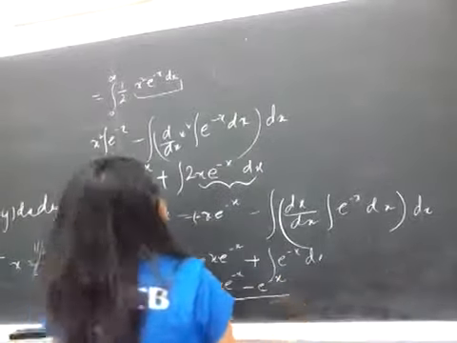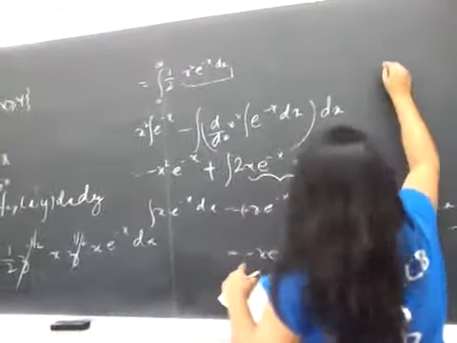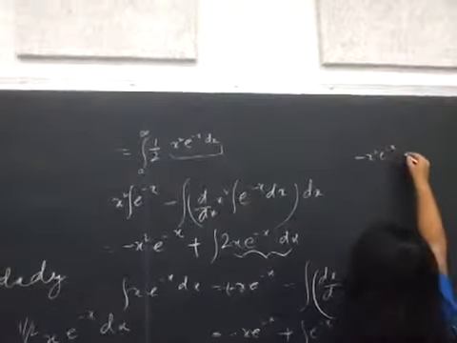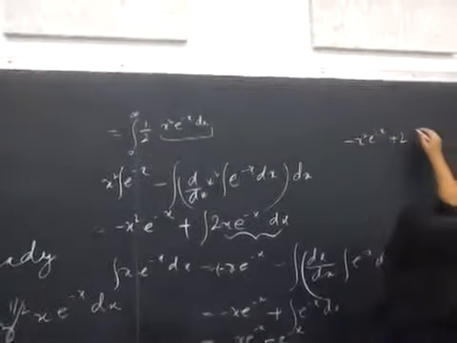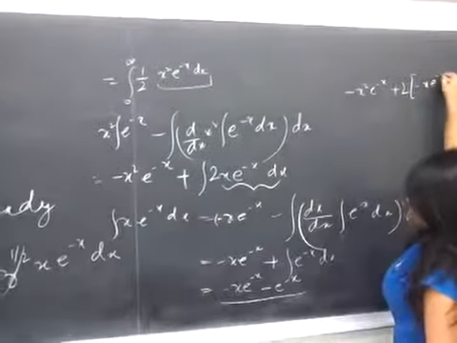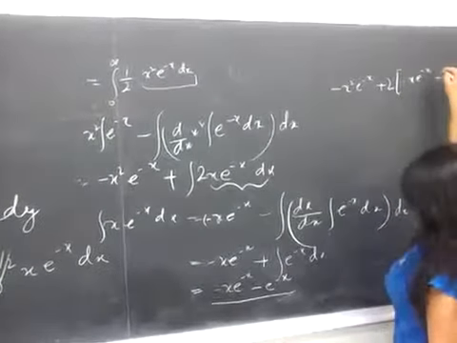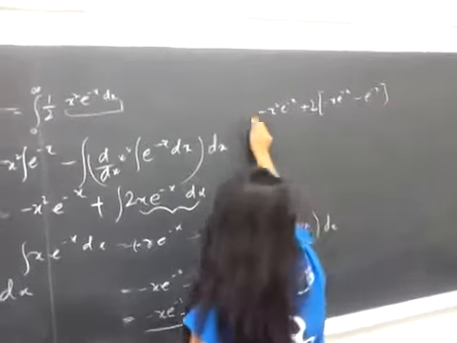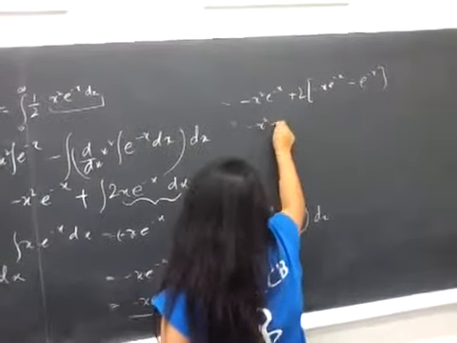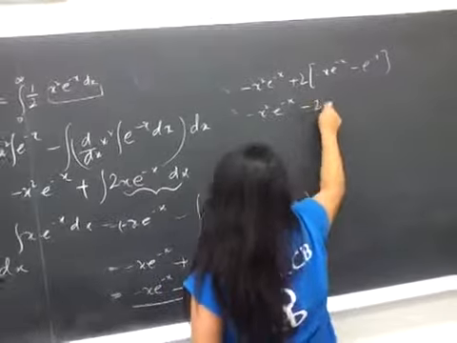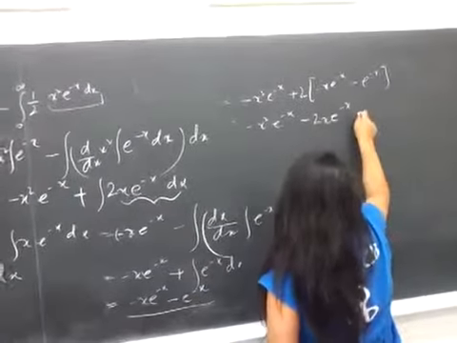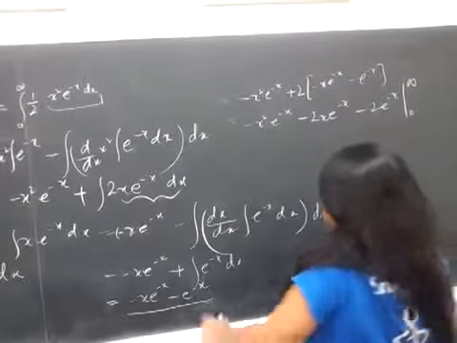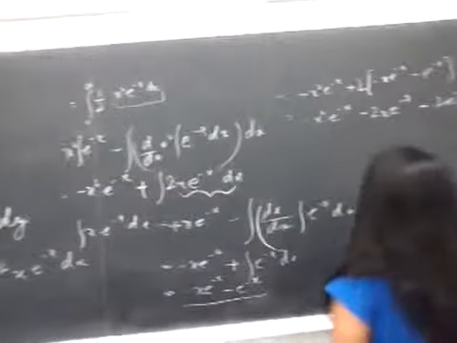I will replace this here, so I get minus x squared e raised to the power minus x plus 2 times (minus x e raised to the power minus x minus e raised to the power minus x). This becomes minus x squared e raised to the power minus x minus 2x e raised to the power minus x minus 2 e raised to the power minus x. The limits are from 0 to infinity, as you can see.